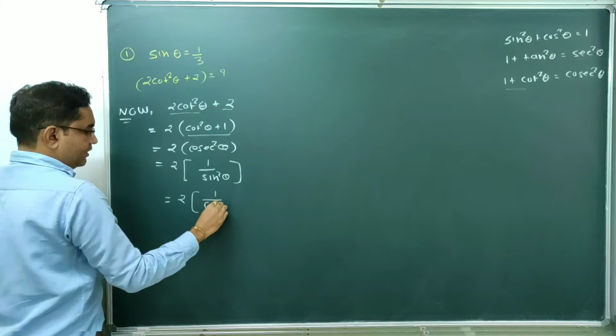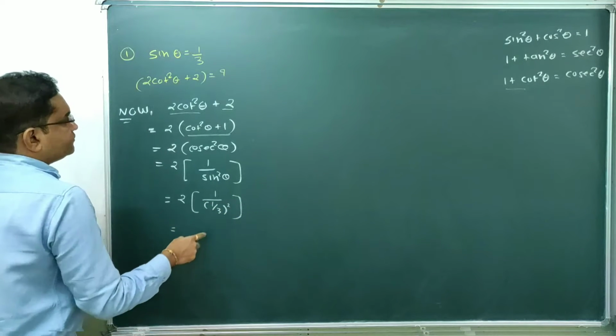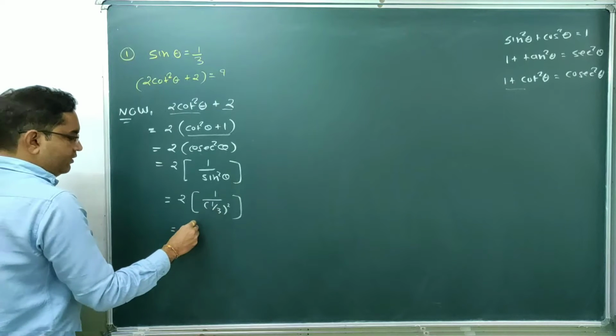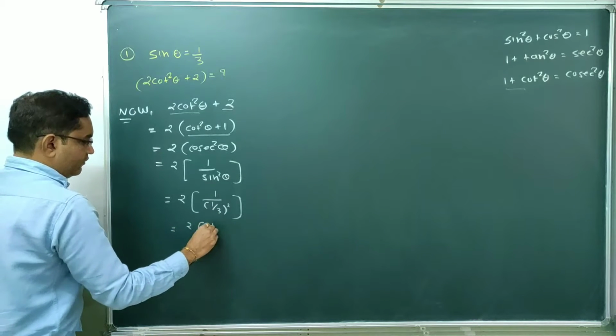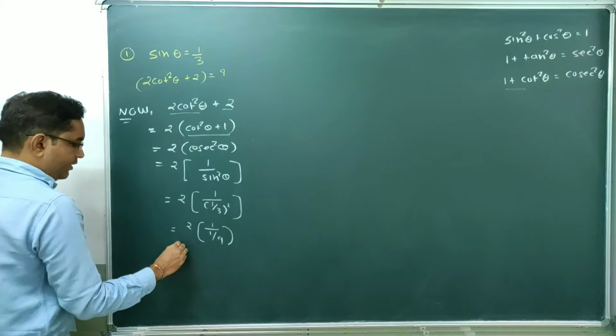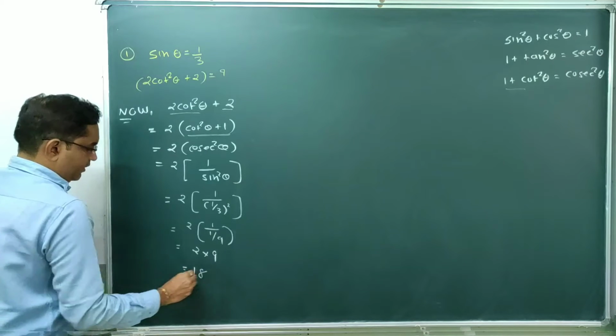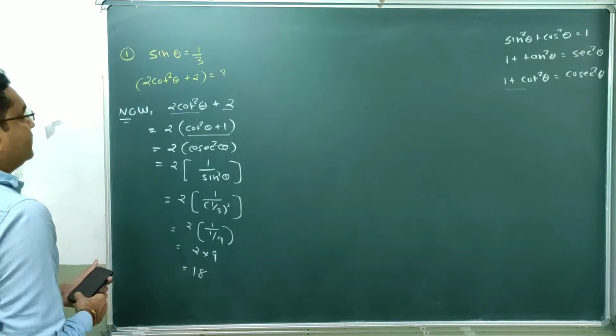So it's 1 by 3 whole square, which is 1 upon 9. 1 upon 1 by 9: the denominator of the denominator goes into the numerator. It's 2 into 9. Our answer is 18.